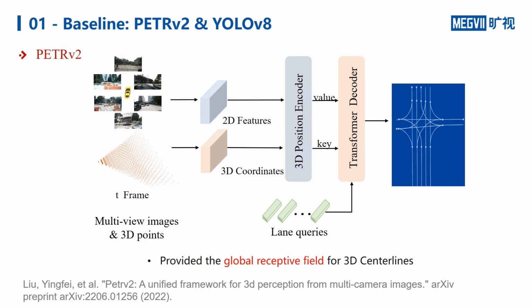The detection of 3D centerlines relies on surrounding 3D lanes. Consequently, a larger receptive field is needed for 3D centerlines detection. Therefore, we ultimately chose CVPR2023 as the baseline from many excellent 3D lane detection frameworks. As illustrated in this figure, the lane queries within CVPR2023 interact with image features through global attention, possessing a global receptive field.